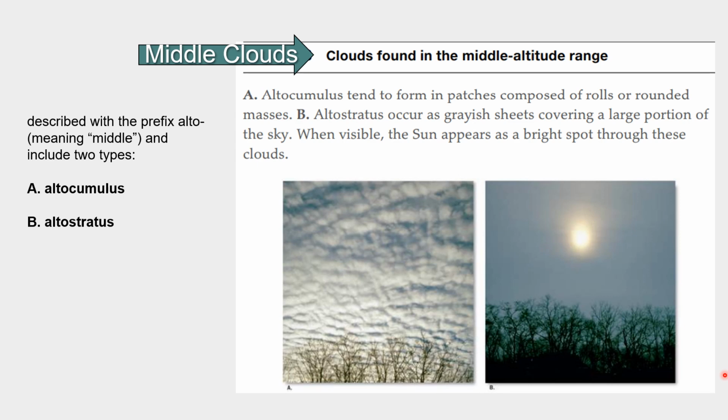Infrequent precipitation in the form of light snow or drizzle may accompany these clouds, and they are commonly associated with approaching warm fronts that may thicken into a dark gray layer of nimbostratus clouds capable of producing steady continuous rain, or even snow during winter. So those are the middle clouds.